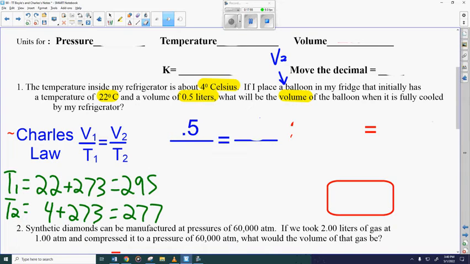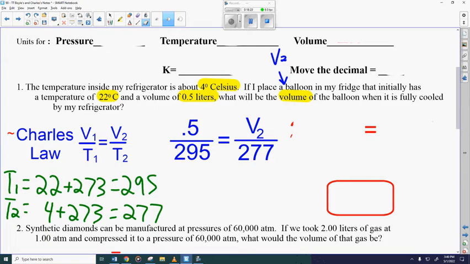So I'm going to put 0.5 right there. My T1 is 22 degrees Celsius, but I had to convert that to Kelvin, so it's actually 295. My V2 is what I don't know, so I'll just leave that as V2 for now. And my T2 is the temperature of the fridge at the end of the problem, so that's going to be 277.